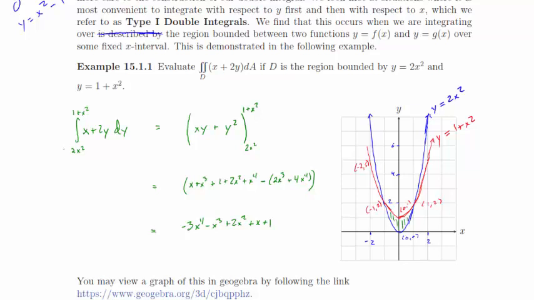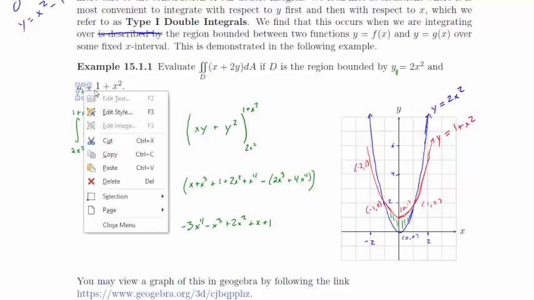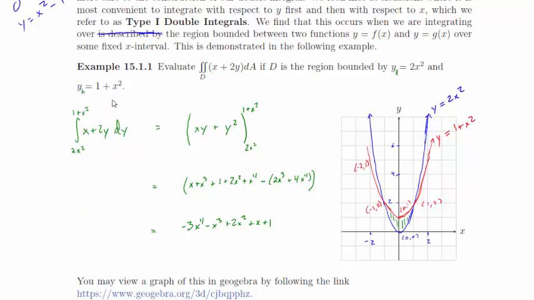So y equals 2x squared is my lower y values, and y equals 1 plus x squared are my upper, or higher y values. But we want to put them as x's so that when we plug them in, we get an expression just in x. So, because both of these functions are input variables of x, this is easier to take the integral with respect to y first.